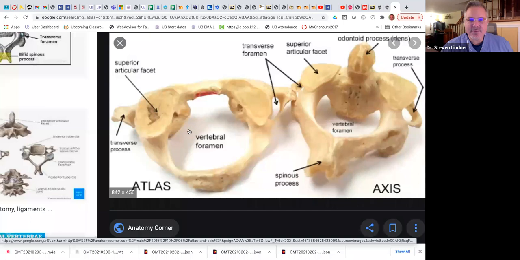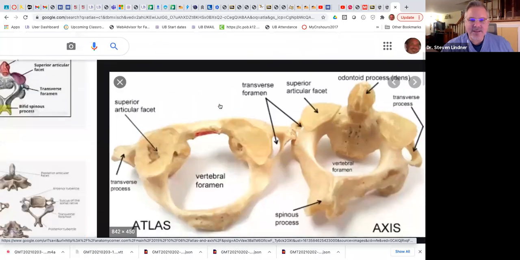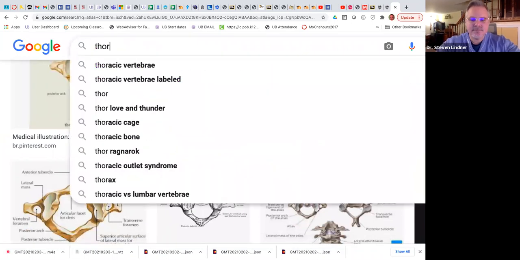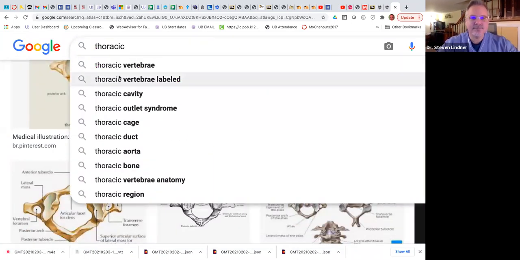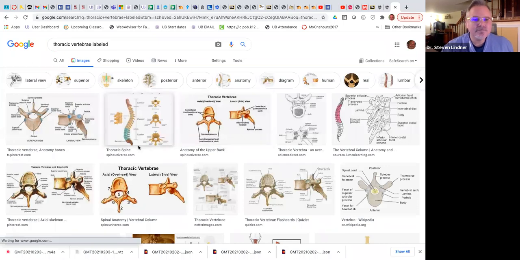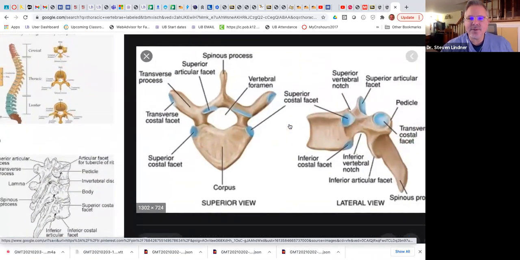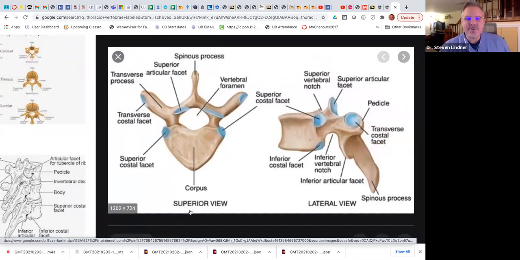Let's look at a thoracic vertebra. If you look at a thoracic vertebra from the superior view, here's your body. That's the vertebral body.